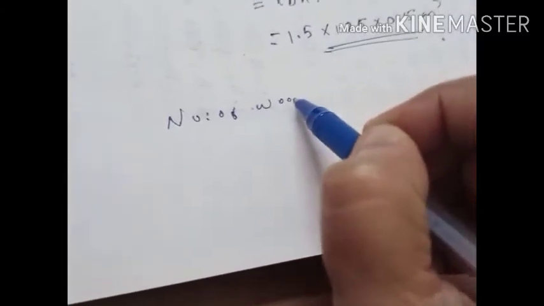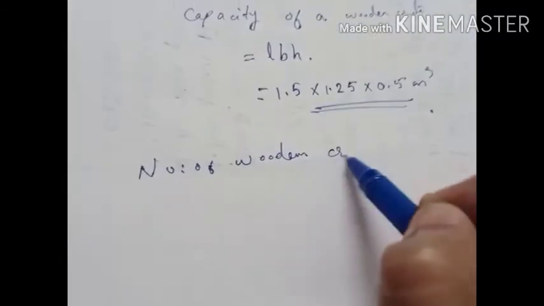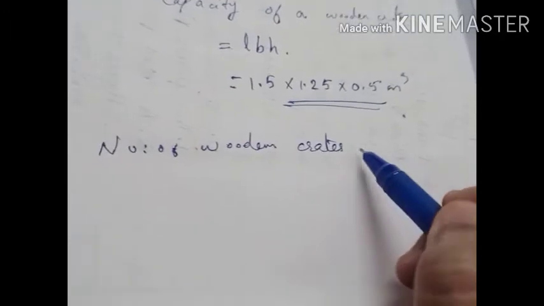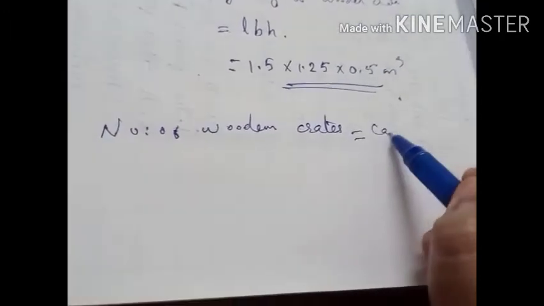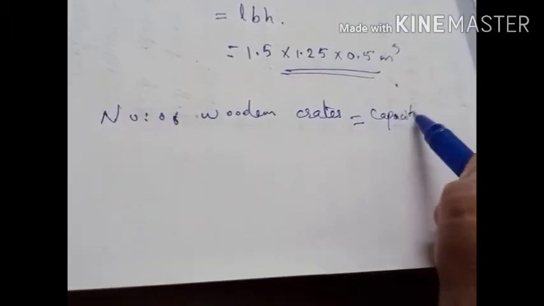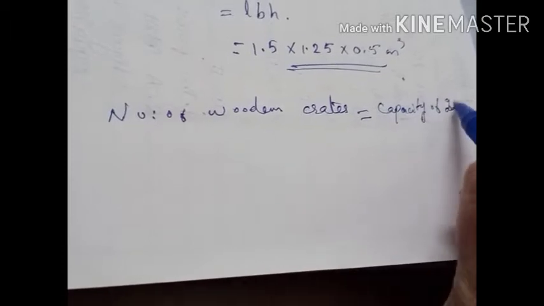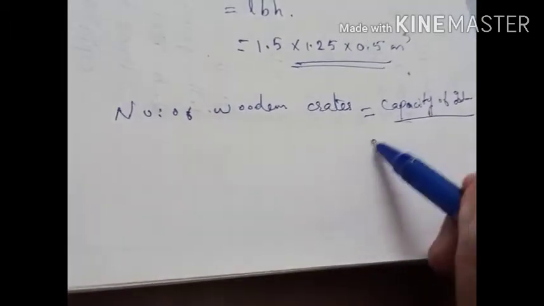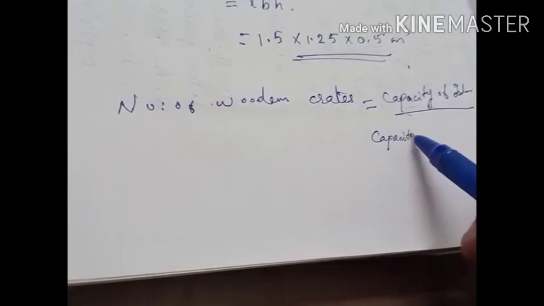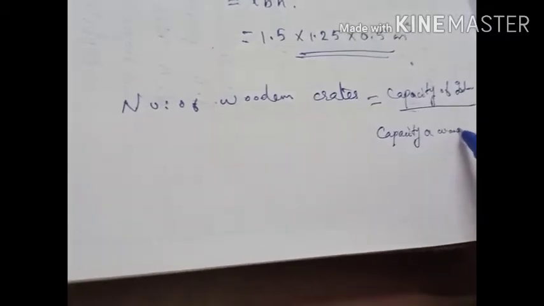So here we have to find the number of wooden crates that can be placed in the godown. So that is equal to the capacity of the godown divided by the capacity of a wooden crate.